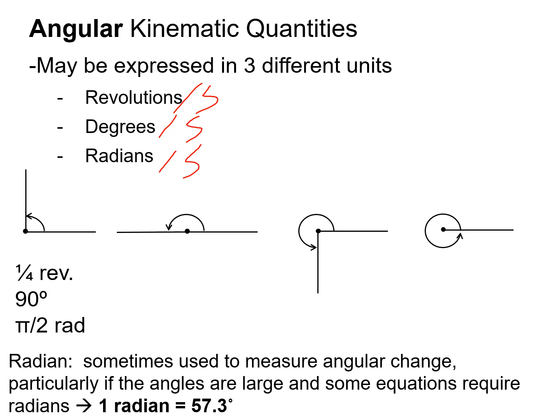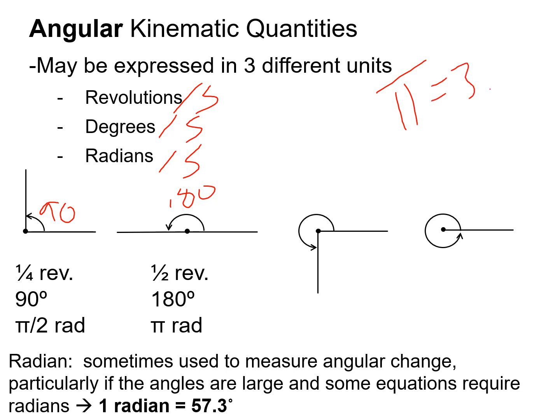So we can look at some other ones. Basically, a quarter of a revolution makes a 90-degree angle, and that would be pi divided by 2. Half a revolution is 180 degrees. We can see this right here. So that's 180. That's 90. That would be pi radians. And remember, pi is simply 3.14.